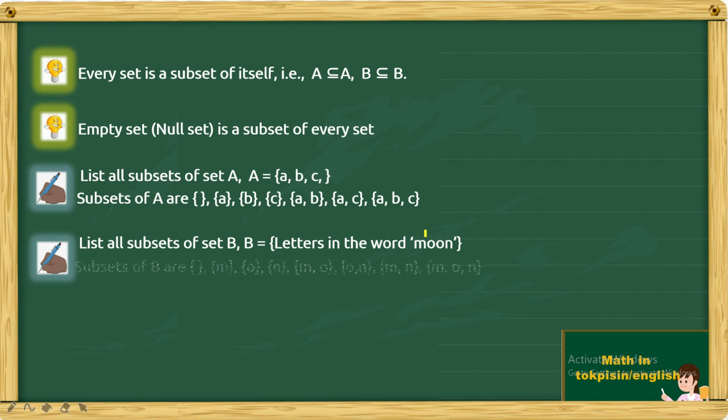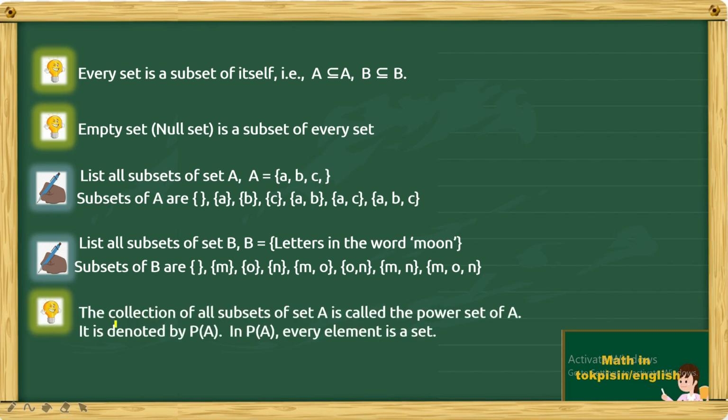So all subsets of set B will be the null set by definition. The null set is a subset of every set. The set having letter M, the set having letter O, the set having letter N, the set having letters M and O, the set having letters O and N, the set having letters M and N, and the set itself, which is set B, having letters M, O, and N.